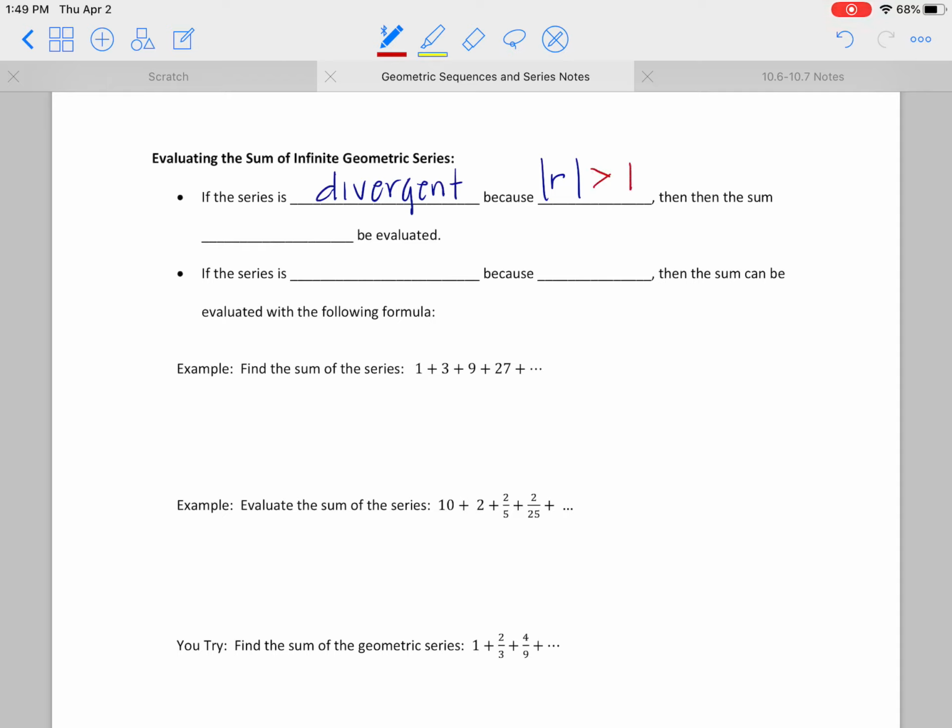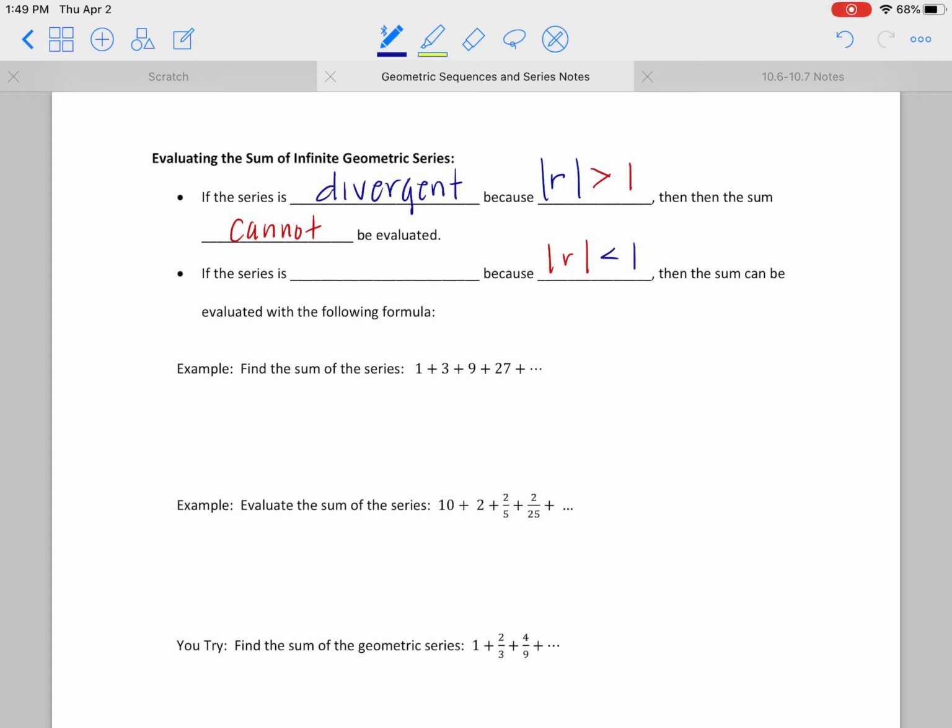I'm sorry. If it's divergent, then the number that we're multiplying by is a number that's bigger than 1. Bigger than 1. That means the numbers are going to get bigger and bigger and bigger. Then we won't be able to evaluate that sum. The sum cannot be evaluated.